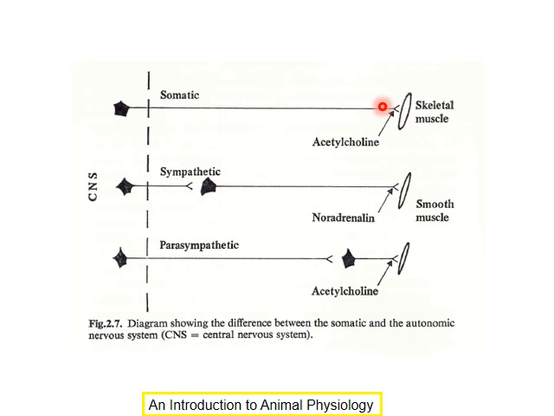So you notice here, versus here and here, you have one direct link. And we talked about how every muscle cell or muscle fiber has its own nerve, or at least communication with one nerve. So this is an illustration of that skeletal muscle.